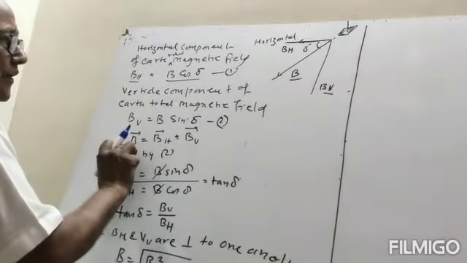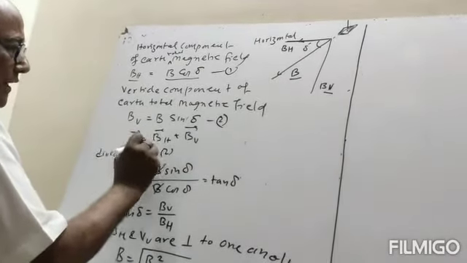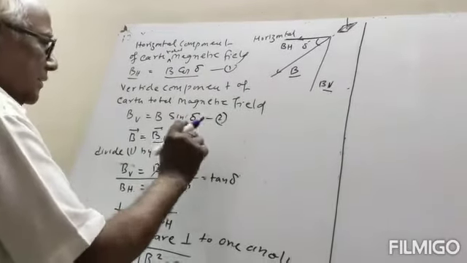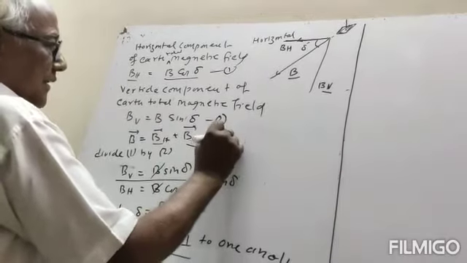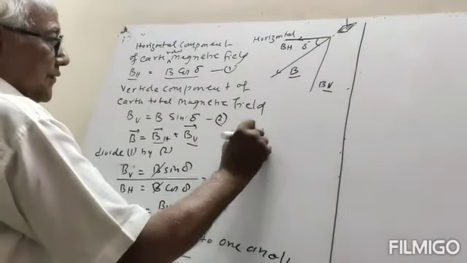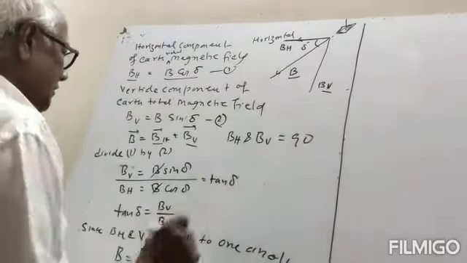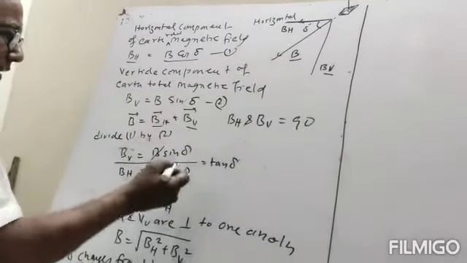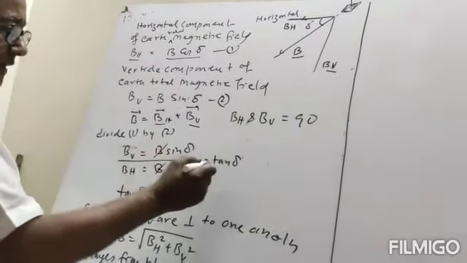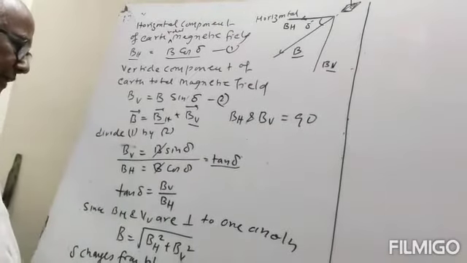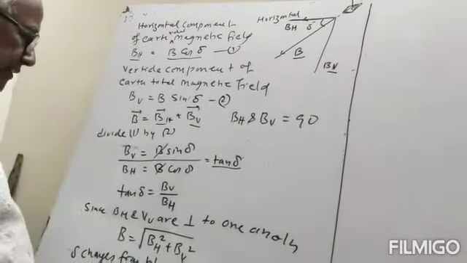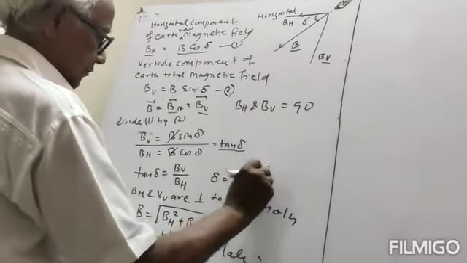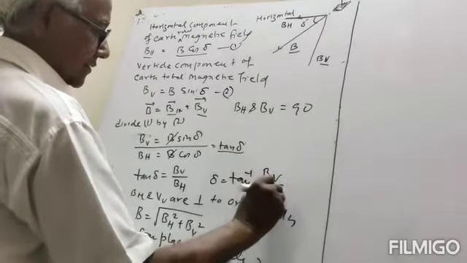The total magnetic field will be the vector sum of BH plus BV, and the angle between BH and BV is 90. So if we divide BV by BH, then B sin delta by B cos delta, B will cancel and it will be tan delta. So tan delta will be equal to BV by BH, or we can say delta is equal to tan inverse of BV by BH.